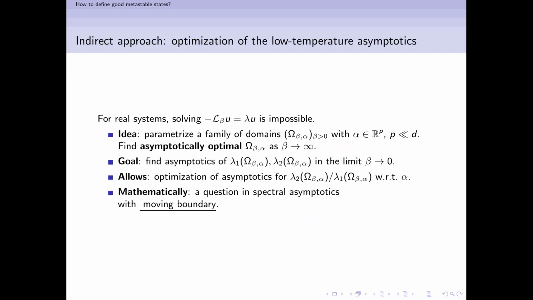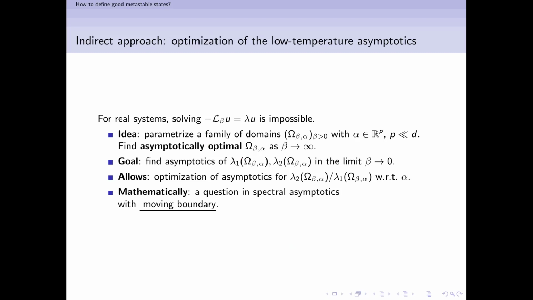And we want to find the best alpha in terms of the asymptotic criteria. Okay. So take beta goes to infinity, so the low temperature limit. If we find asymptotics for these quantities, then we find the asymptotics for the ratio, of course.